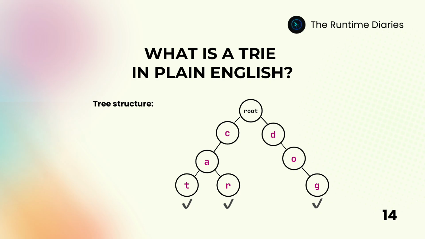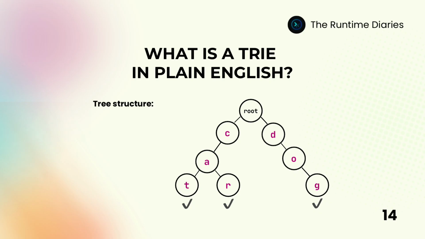If we insert the words cat, car, and dog, the trie looks like this. Root at the top. On the left side, you'll see C-A-T. And then branching off from A, you'll see R. And then on the right side, you'll see D-O-G. The check marks mean a word ends here.